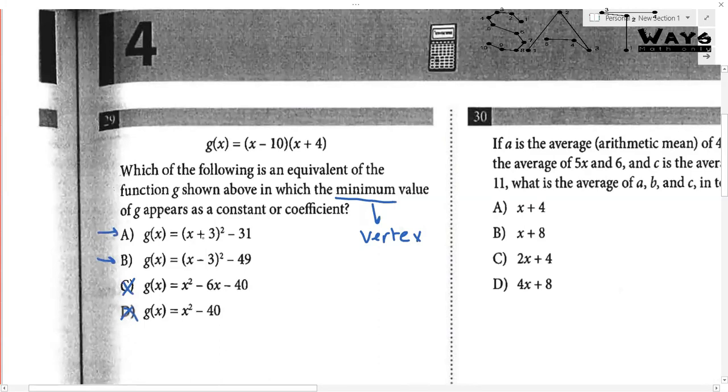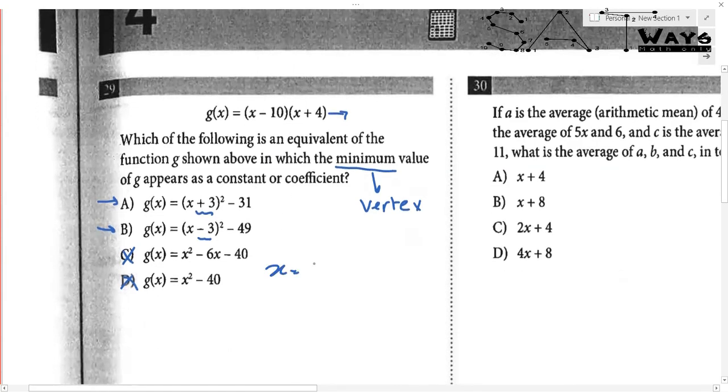We want now to get the x coordinate of the vertex to put it with the opposite sign inside the bracket. So let's get the x coordinate from the factored form. To get the vertex, x equals p plus q over 2. What is the value of p? It's x equals 10. Q, x equals negative 4.